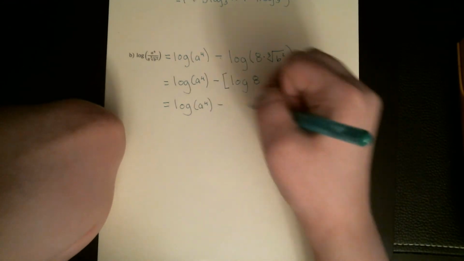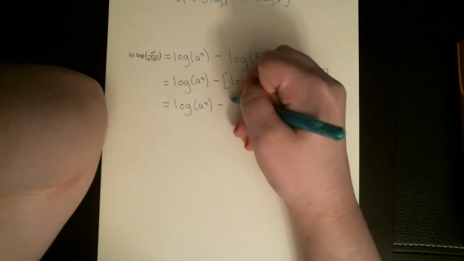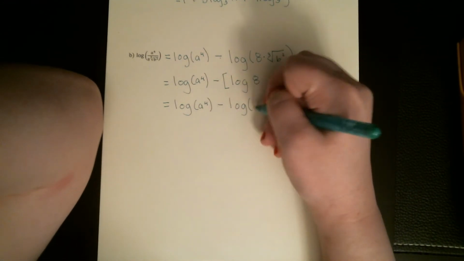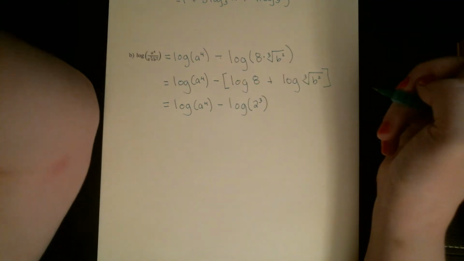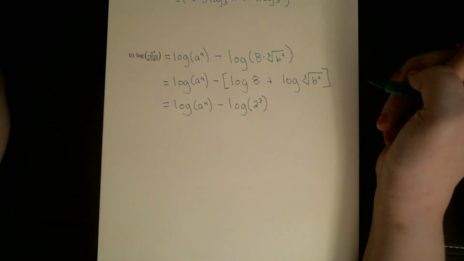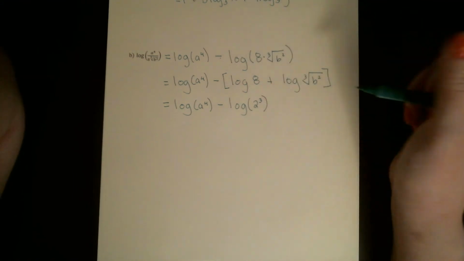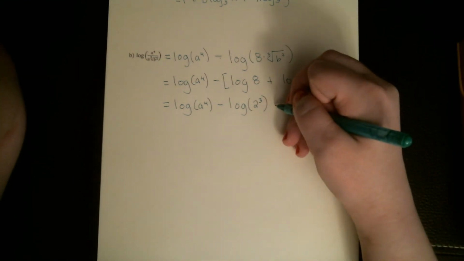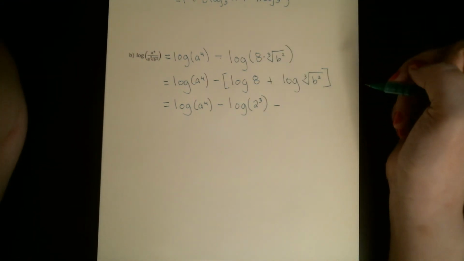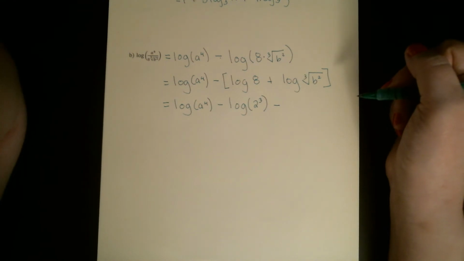And at any point, you can start bringing exponents down. I'm going to do a little rewriting here. Since we're supposed to try and write everything with powers expressed as coefficients, I'm going to go ahead and make that a 2 cubed. I wouldn't be horribly concerned if somebody didn't spot that, but I do see that 8 sitting there as a power of 2.